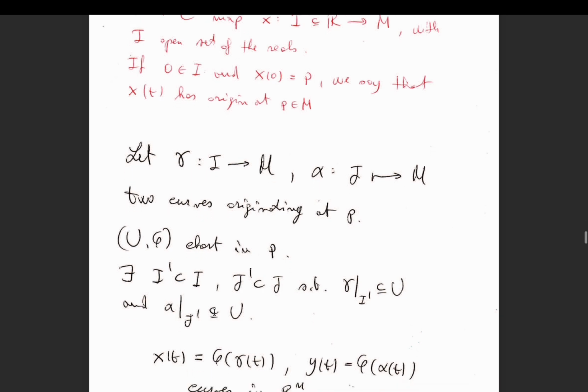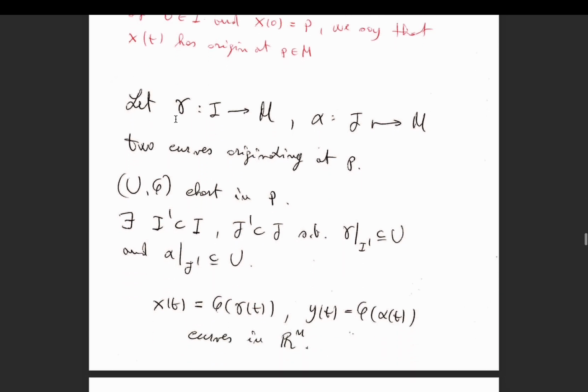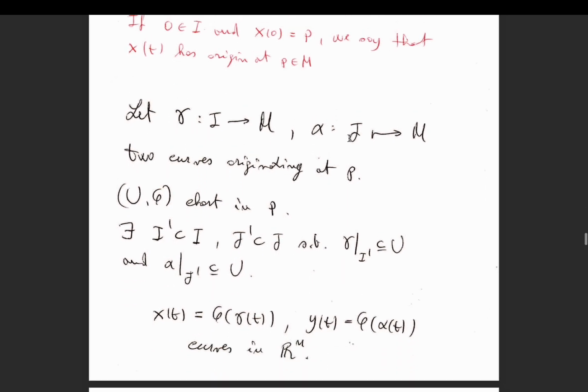So let's have two curves originating at the point P, gamma and alpha, from I to M and from J to M. Now let (U, phi) be a chart defined in a neighborhood of the point P where the curves are originating.